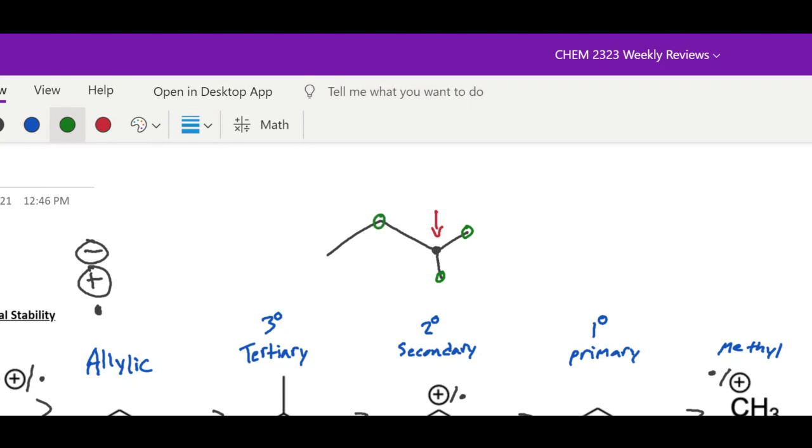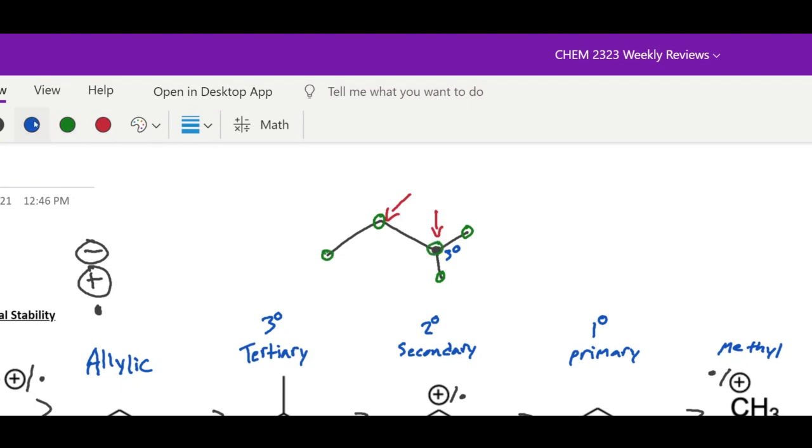And I have 3 carbons bonded to that single carbon. So I'm going to label this as tertiary. Okay, now let's look at this atom. So that carbon is bonded to this carbon right here and this carbon right here.